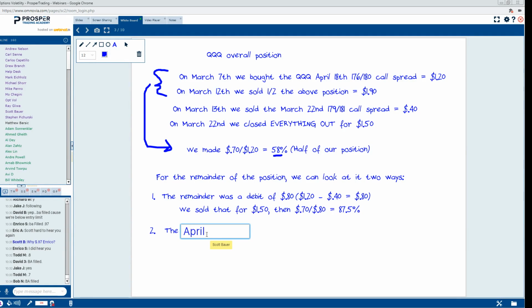So the April spread we bought for $1.20 and sold on this last go around.